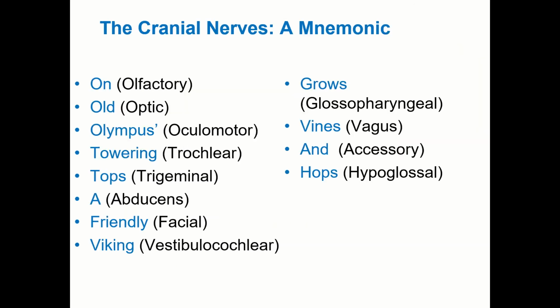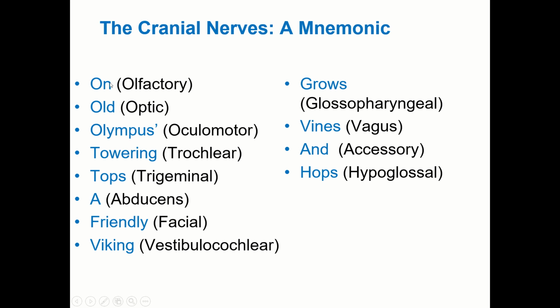All right, so those are our 12 cranial nerves. So there are several mnemonics to help you remember the cranial nerves. This is one of the PG ones. There are some that are not PG ones, but we'll stick with this one. So the mnemonic is: on old Olympus, towering tops, a friendly Viking grows vines and hops.